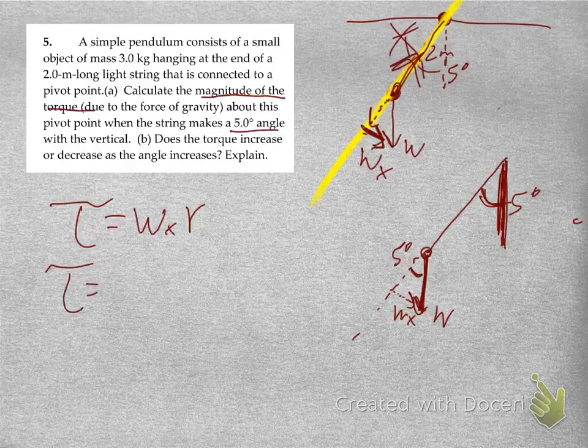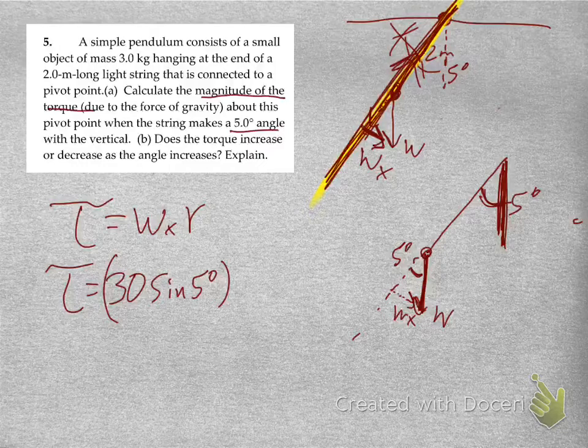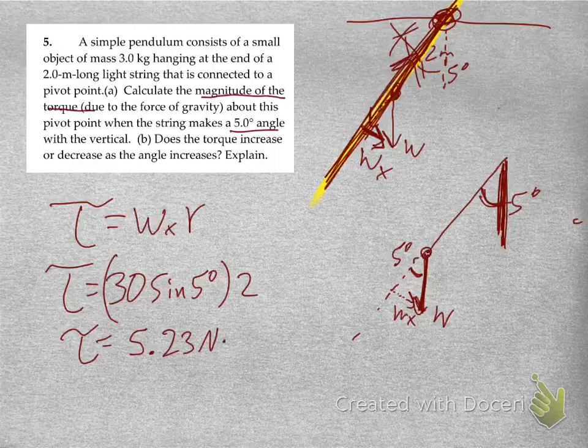So our torque equals our weight of 30 newtons. It's not 3 kilograms, but 30 newtons. We need to multiply that by the sine of 5 degrees to get the component that is perpendicular to where it's rotating. And then the distance, it's 2 meters away from the point of rotation. That kind of looked like I put it on a ceiling. When you plug that into your calculator, 30 times sine 5 degrees times 2, that gets you our answer of 5.23 newtons times meters.